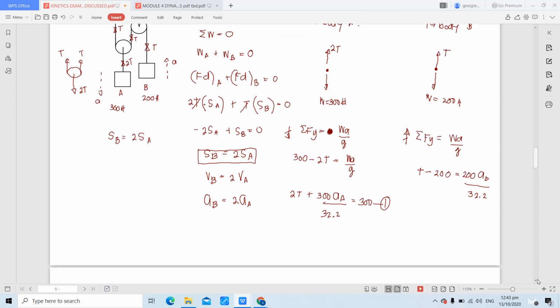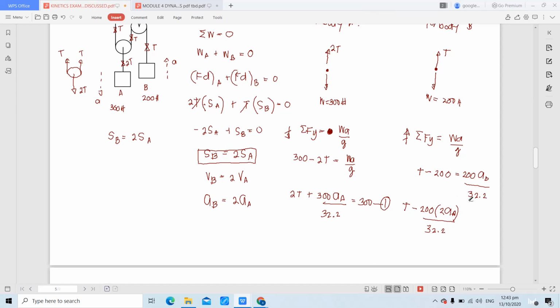Combine the unknowns and keep the constants on the other side of the equation. So this constant moves to the other side and becomes positive. This one moves here and becomes minus. So tension T is minus 200 multiplied by the acceleration of body B with respect to body A, that is twice, over 32.2.